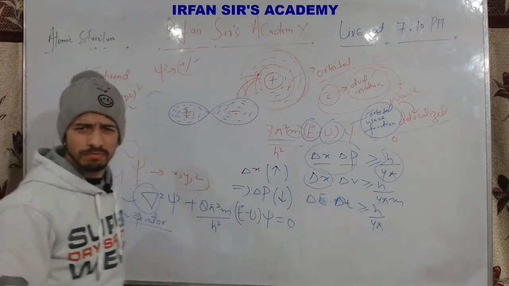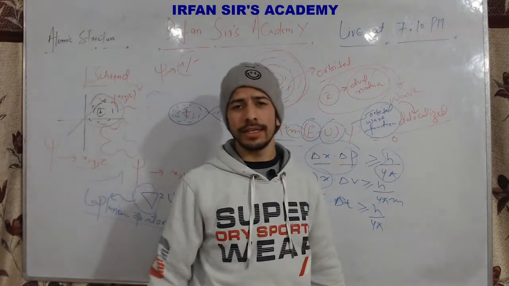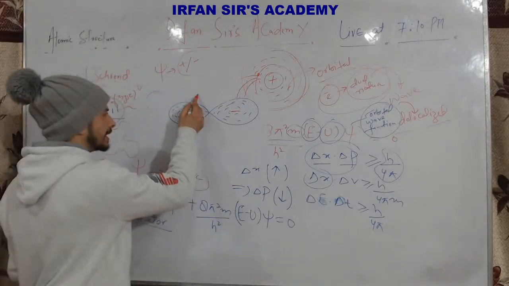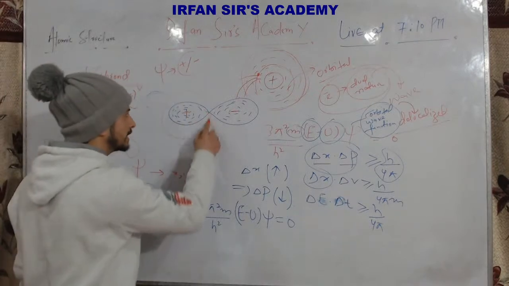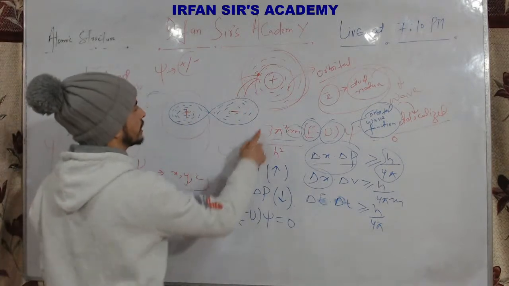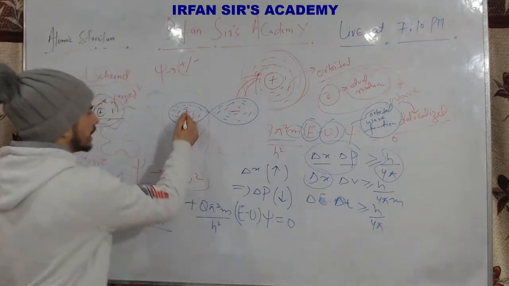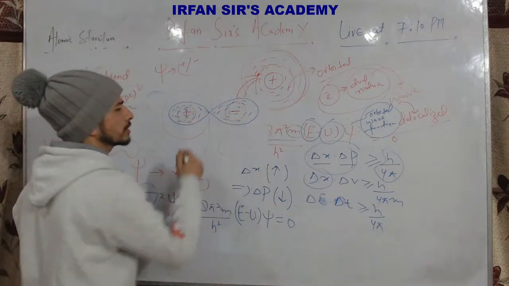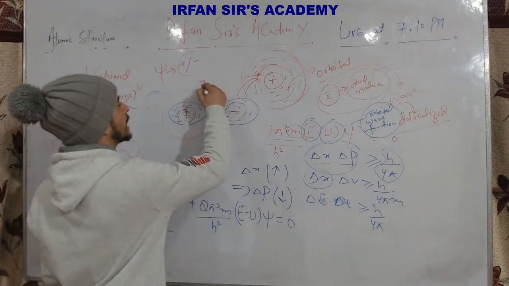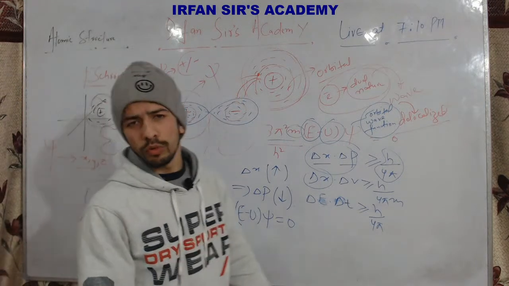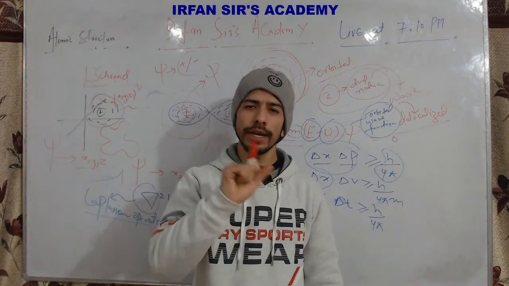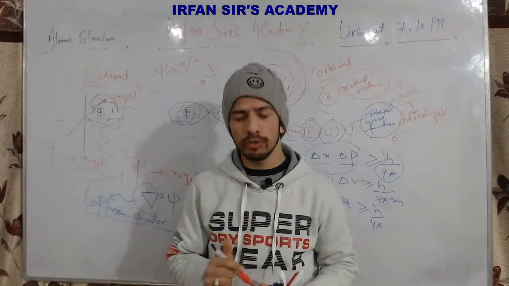Sir, what is this thing? This is nothing but the density of electron in one region, and this is the density of electron in another region. Which density? Electron density. But here it is a positive sign, here it is a negative sign. It is nothing but the sign of the psi. The amplitude of the electron wave can take a positive or negative sign. I hope it's clear to you.